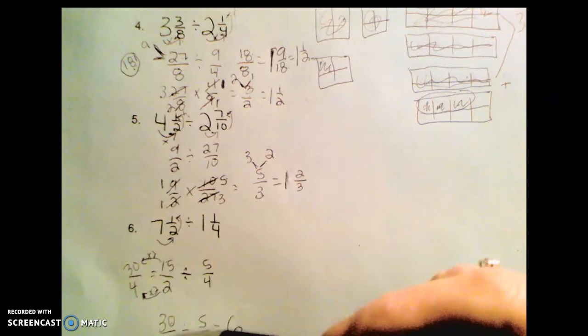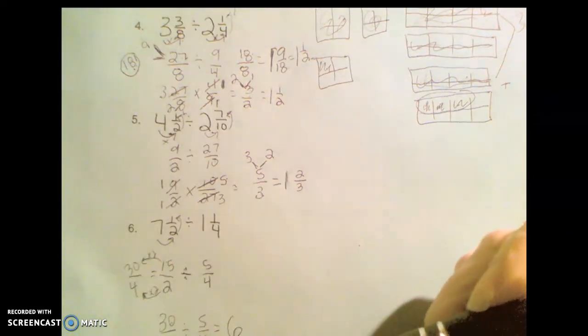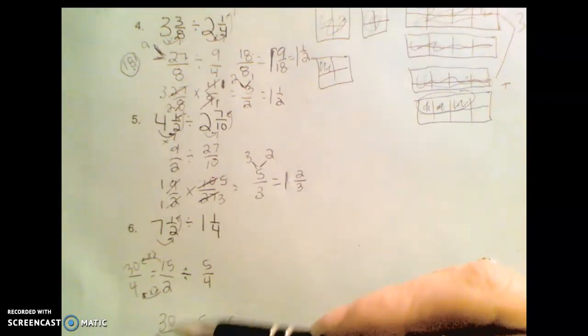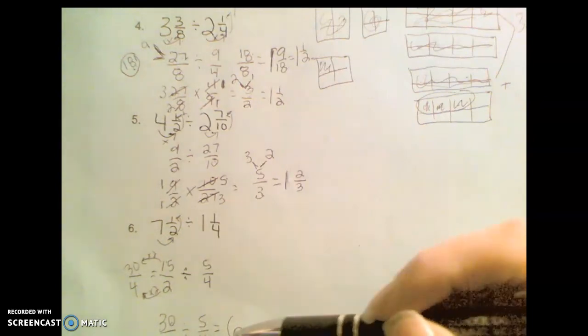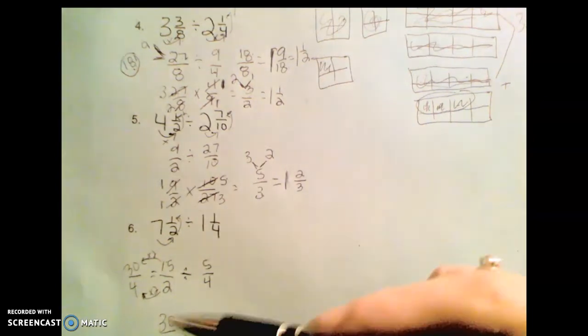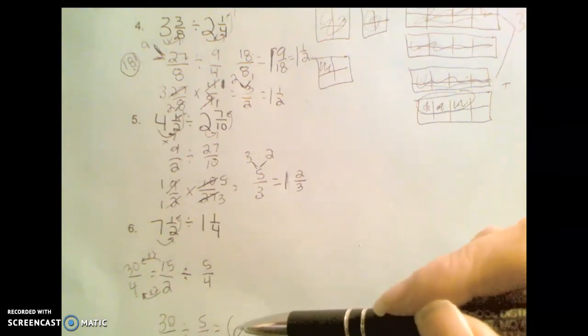Just like if you had 30 ducks divided into groups of 5 ducks, how many would be in each group? 6. 30 dogs divided into groups of 5 dogs, how many dogs would you have in each group? 6. 30/4 divided into 5/4 means that I could circle 6 of them.